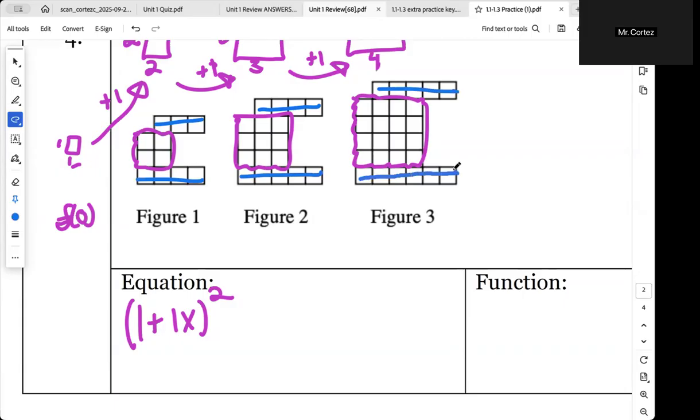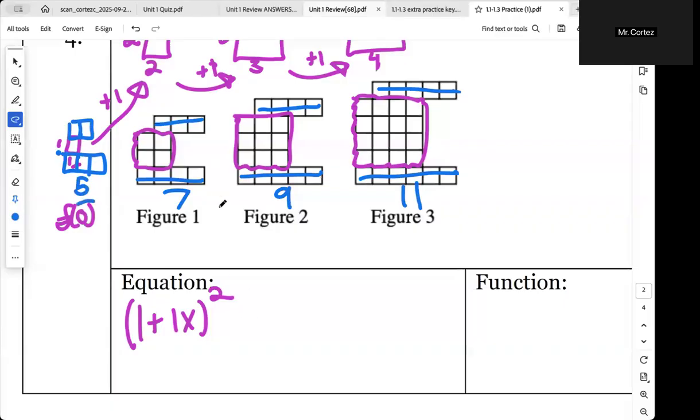Call it the top hat and the shoes. This is 7. This is 9. This is how many? 11. So the top hat here should just be a top hat of 2, shoes of 3, which makes this all add up to 5.